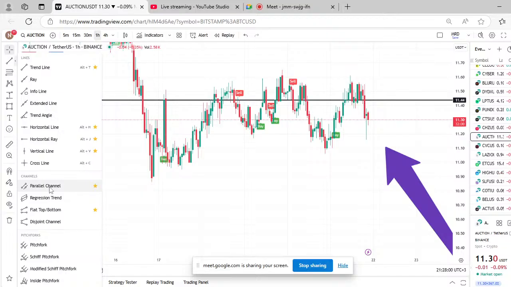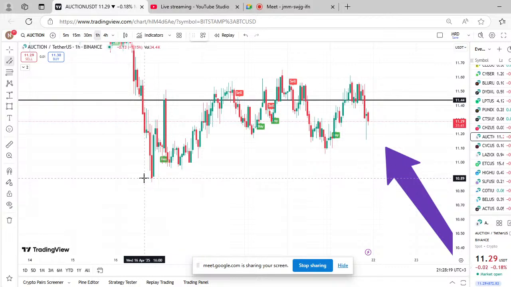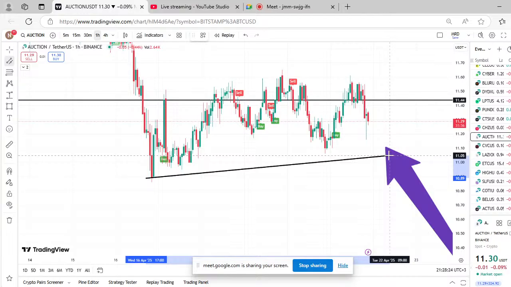Are we getting the point? To know where to enter from and to know where to exit from. Let me pick it and we draw. When we are drawing using the parallel channel, obviously we have to draw it as we are drawing the support and resistance. I'm going to pick it and draw the line. If my line is very straight like this, I will make it straight.